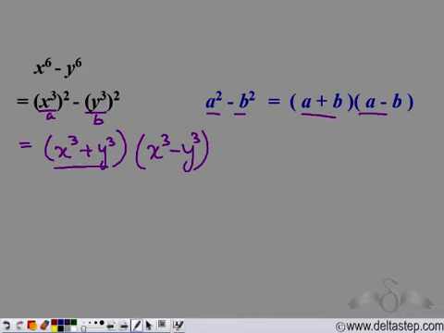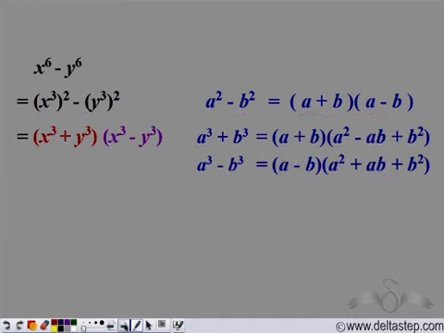Now x cube plus y cube, this is in the form of a cube plus b cube. And x cube minus y cube, this is in the form of a cube minus b cube. Now we know identities relating to a cube plus b cube and a cube minus b cube. So we can use these identities for factorizing these terms further.